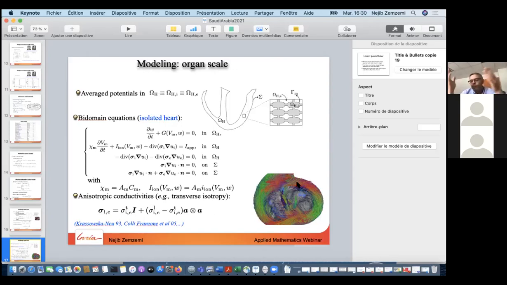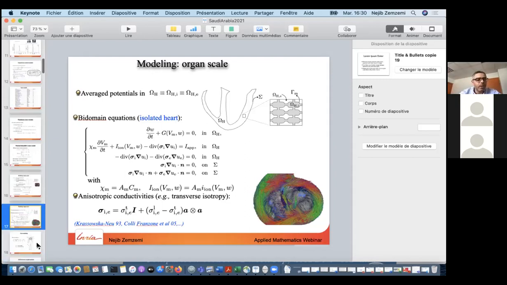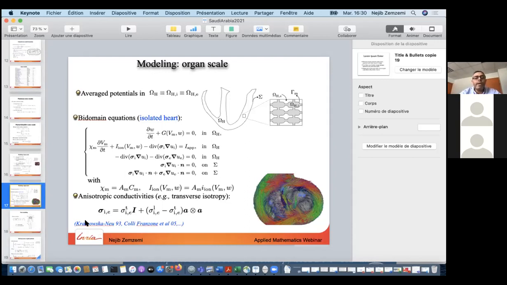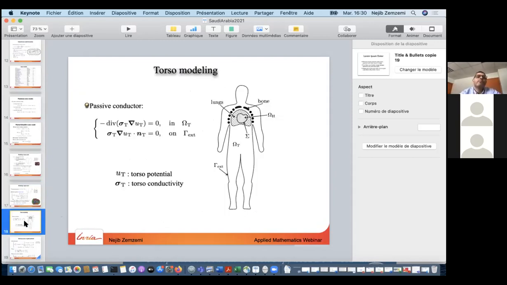If you have opened the heart of a sheep, for instance, you can see the fibrotic muscles, this fibrotic structure gives you the fiber direction, actually. There are many works about the homogenization, Krassowska, Colli Franzone, and there are also others after that.